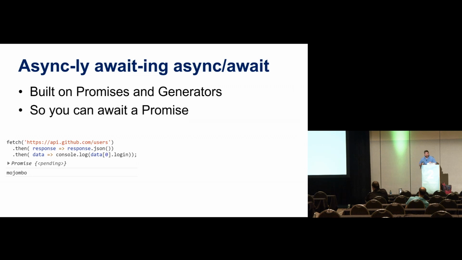And so that means that instead of saying fetch, going out to the GitHub API to get the users, converting it from JSON, or parsing out the JSON, and then logging out the 0th person's login, we can await that response. And then I'm using something here I haven't talked about, but I'm reaching into the first item in that array and grabbing the login property out of it.